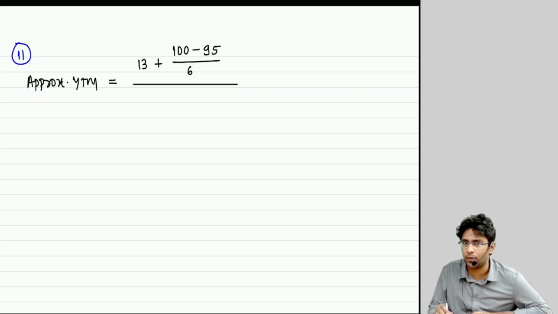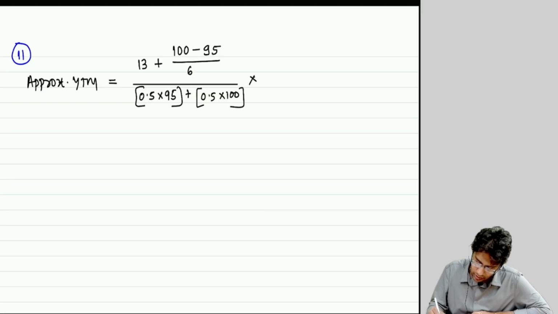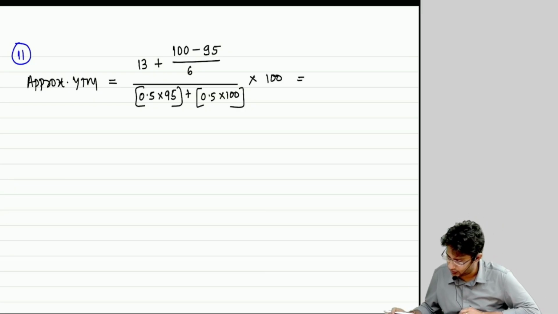In the first formula take simple average, in the second formula take weighted average. Both will give you nearly correct answers only. I am taking simple average first. 0.5 into 95 plus 0.5 into 100, into 100. Carefully solve this. So that is 5 divided by 6 plus 13.